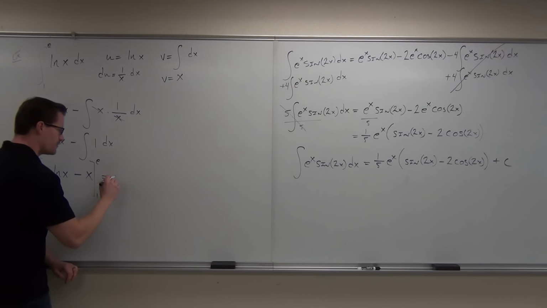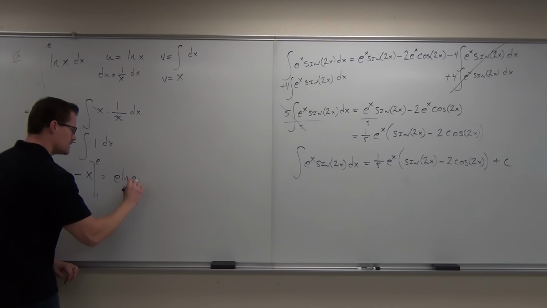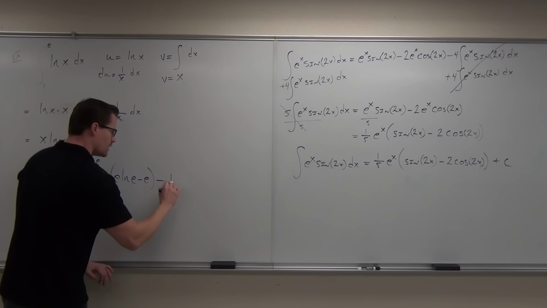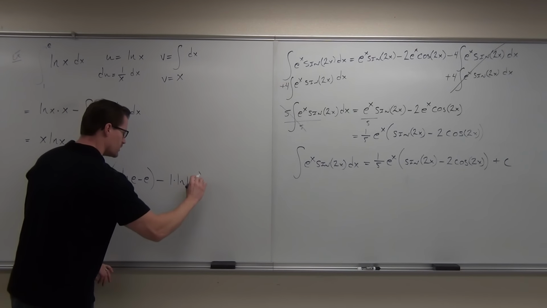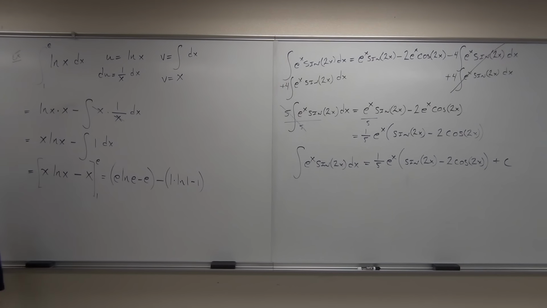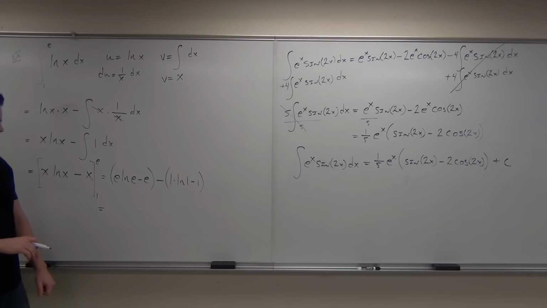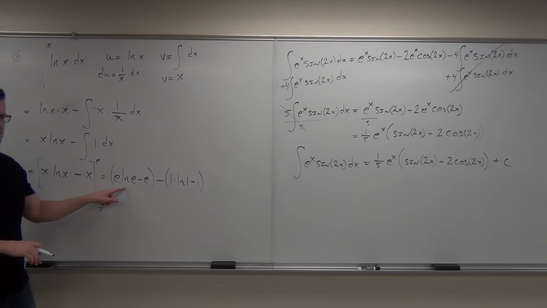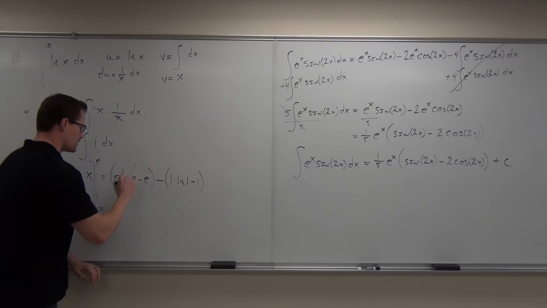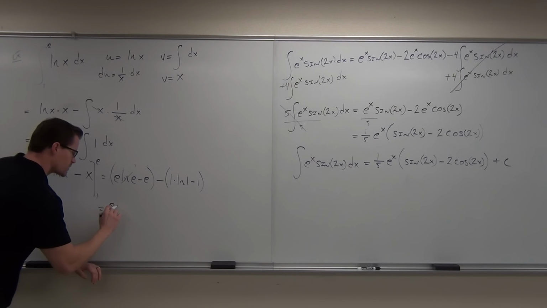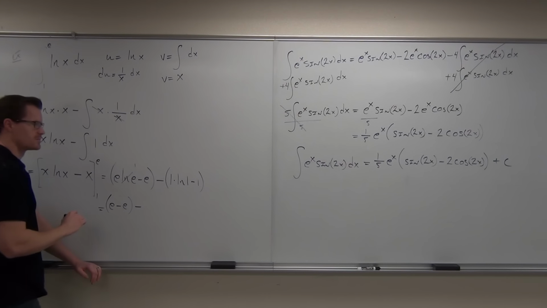So here we have e ln e minus e, minus 1 times ln of 1 minus 1. Let's see what happens here. Most of this stuff should be kind of nice. How much is ln e? This is 1. So we have e times 1 minus e, minus.